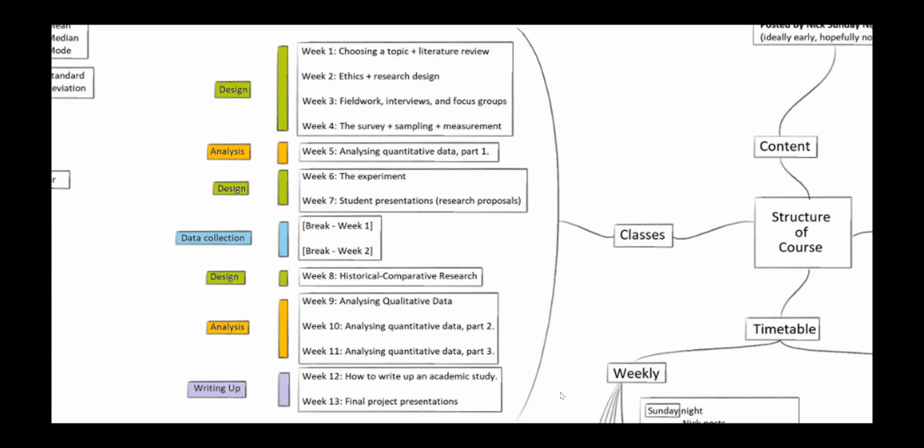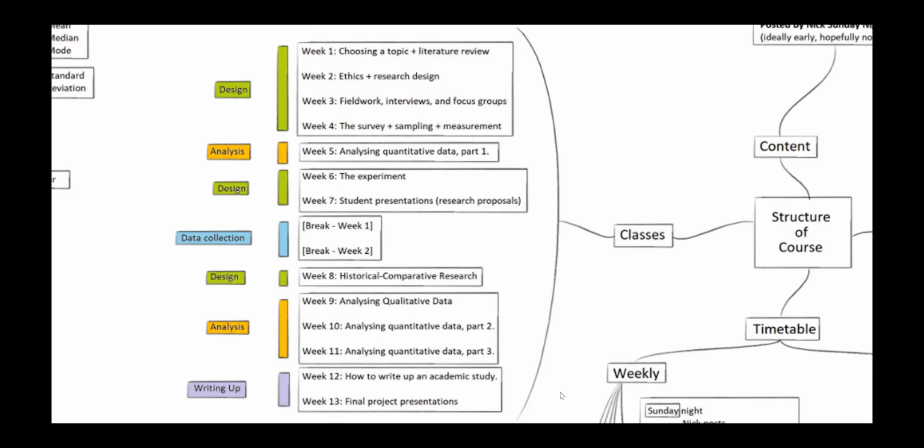In week 3 we do field work, interviews and focus groups. Week 4 we do surveys and sampling. Week 6 we do the experiment. And then in week 8 we do historical comparative research. In week 7, just before the Easter break, you're going to present your research proposals, which is good because once you've done those, you can then start collecting data.